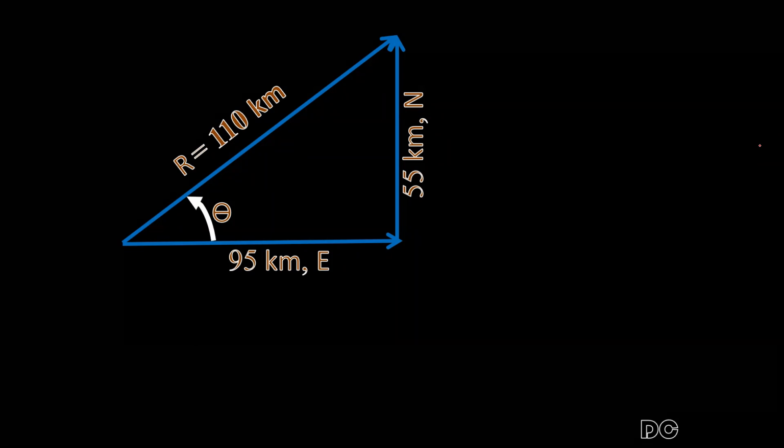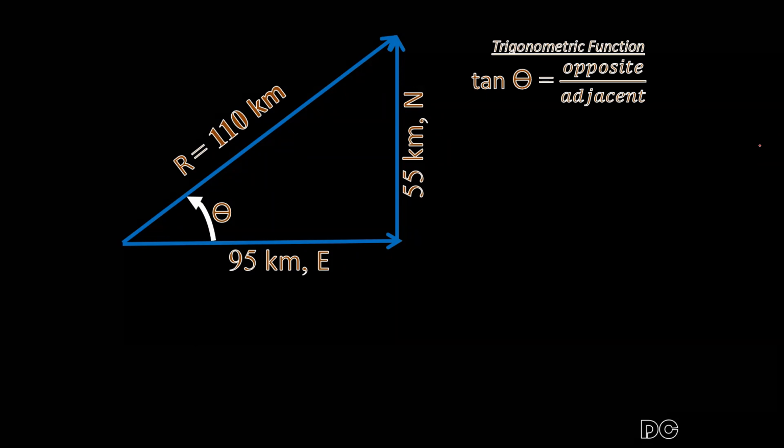So if that is the case, then the opposite side, according to the position of our angle, is the 55 kilometer. If tan theta is equivalent to opposite over adjacent, then substitute: the opposite is 55. Then after that, transpose the tangent sign.